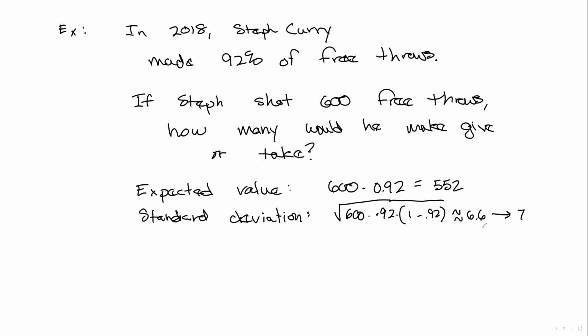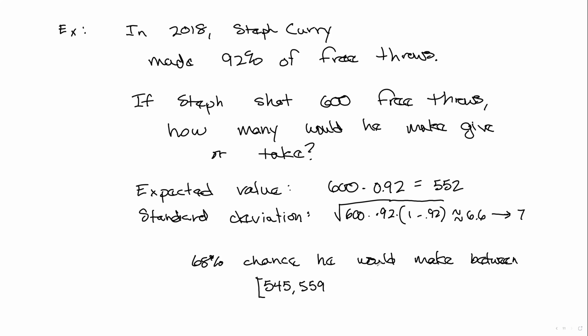So if someone says, how many did he make, give or take, you could say there is a 68% chance he would make between 545, which is 552 minus a standard deviation, and 559, which is 552 plus a standard deviation.